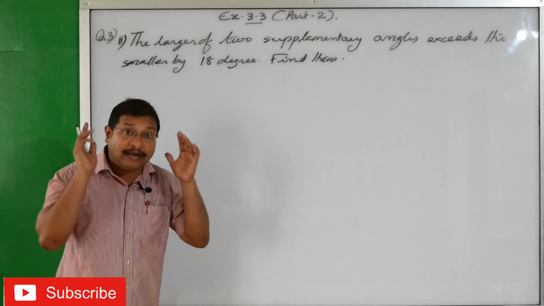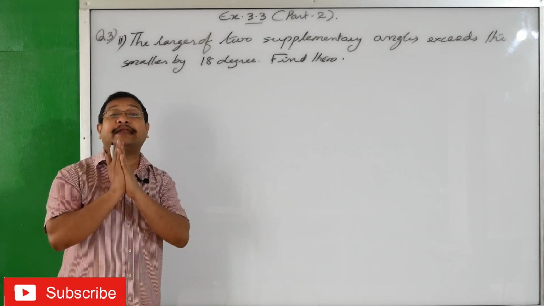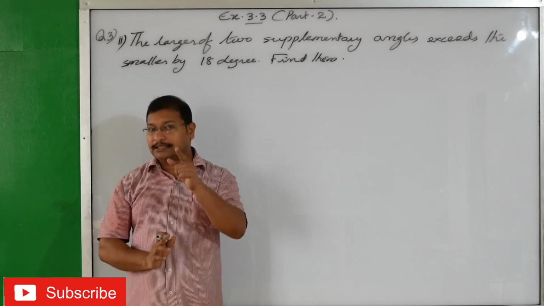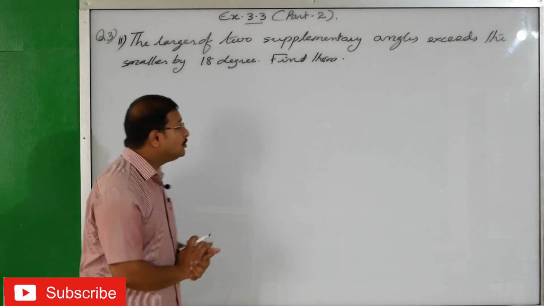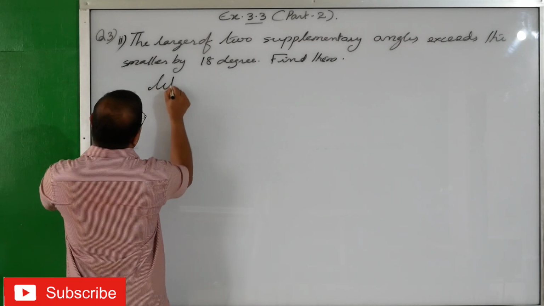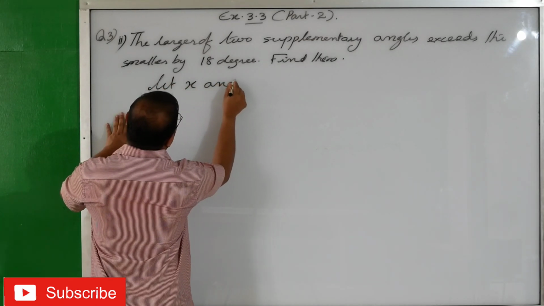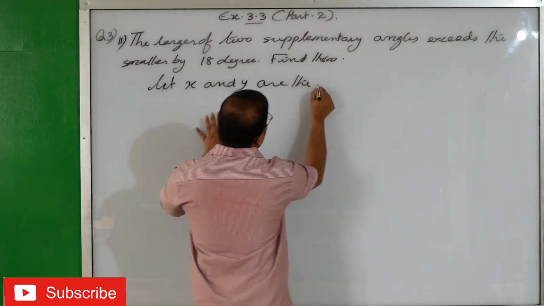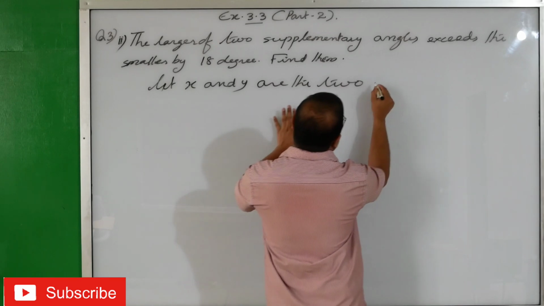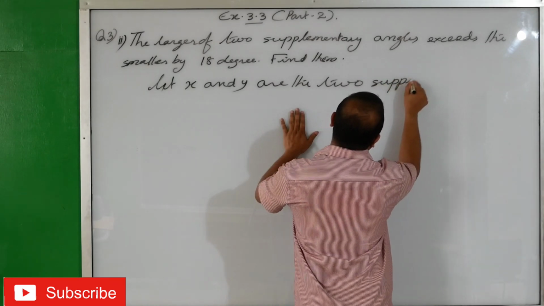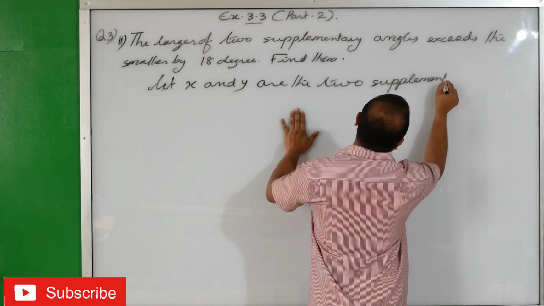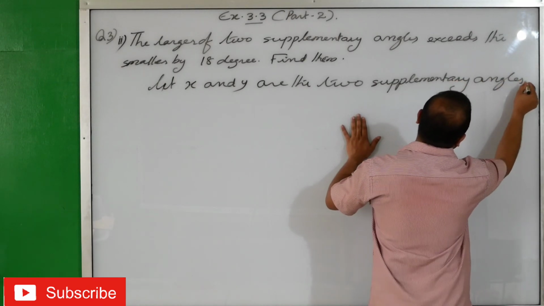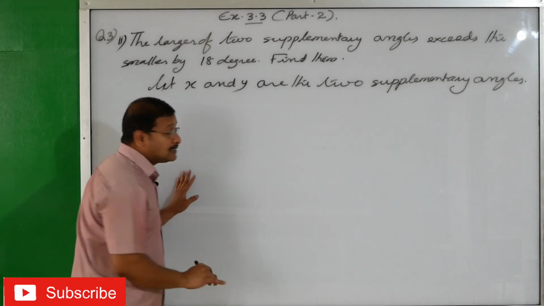So it is already given in the question, supplementary angle. Supplementary angle means the sum of the angles is 180 degrees. Ready? So we'll write, let x and y are the two supplementary angles.